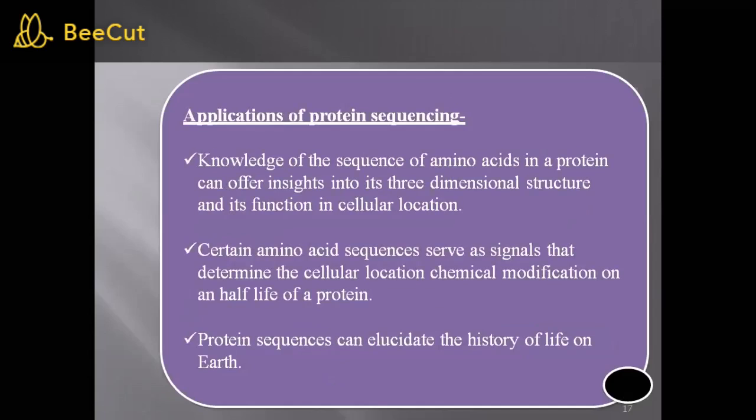Then next are the applications of protein sequencing. By using protein sequencing, we can get knowledge of the sequence of amino acids in a protein, which offers insight into the three-dimensional structure of the protein. By using the structure of the protein, we can get to know the function of the protein, and we can find out the cellular location of that protein.